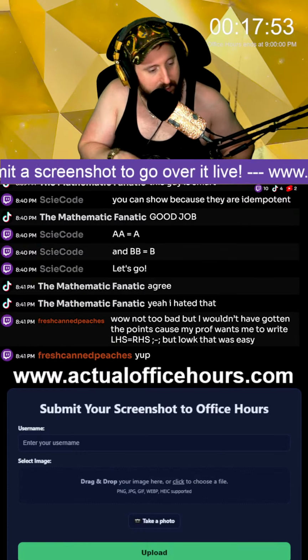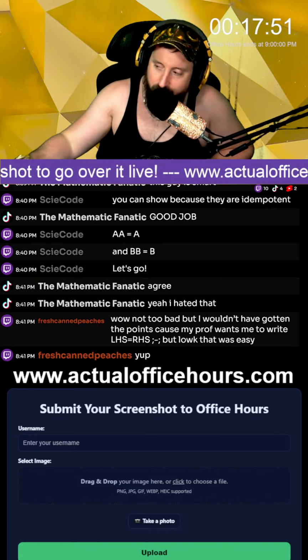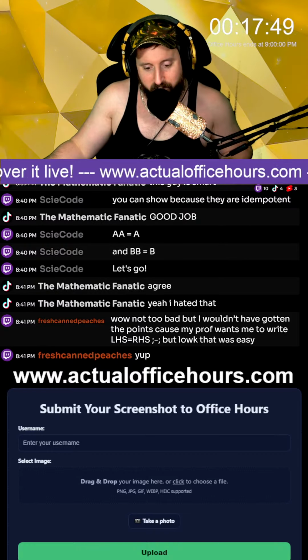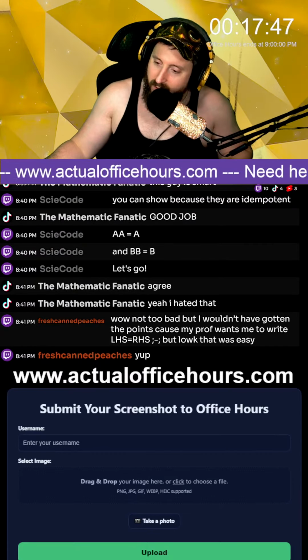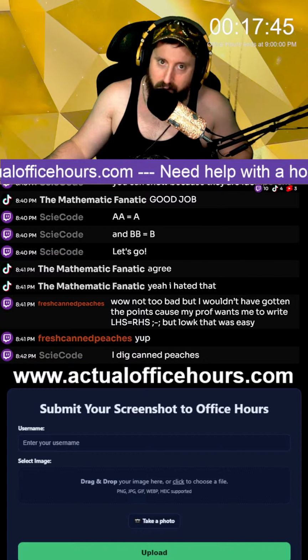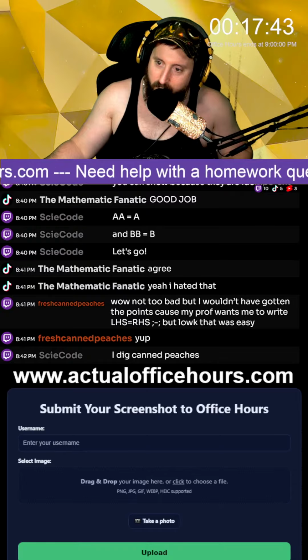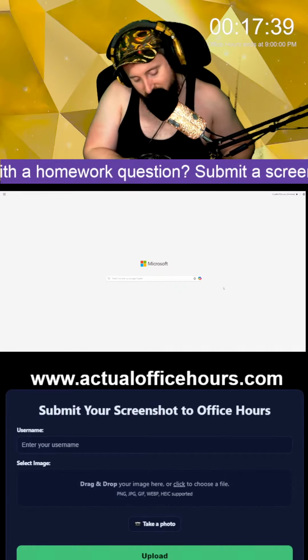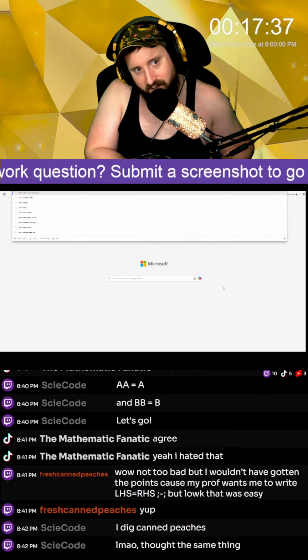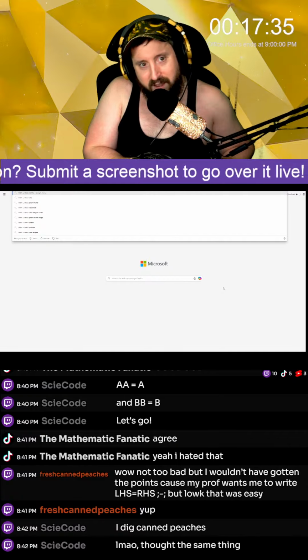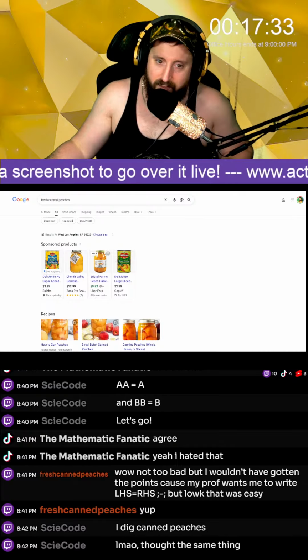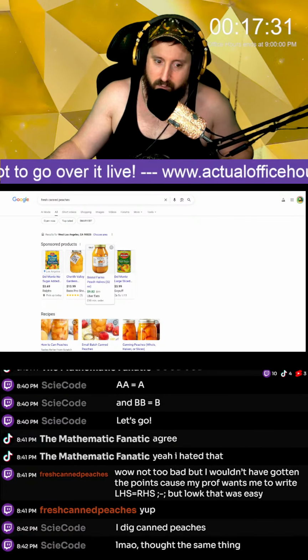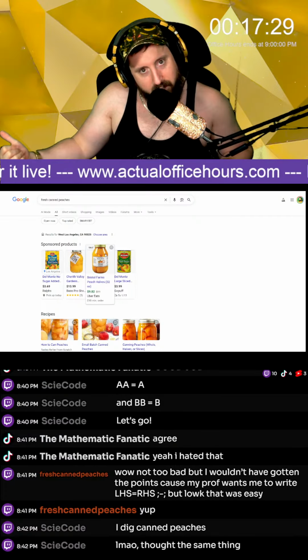Fresh canned peaches. I actually do love fresh canned peaches. I want some fresh canned peaches right now. Oh no, the grocery store is gonna close in 20 minutes. Isn't that kind of an oxymoron though? Aren't canned peaches usually not fresh?